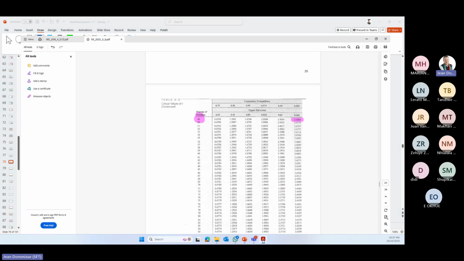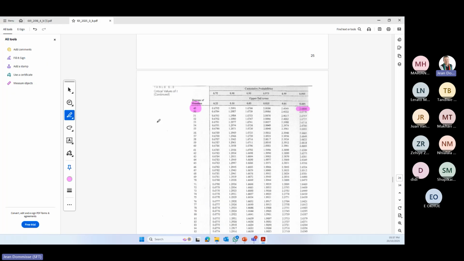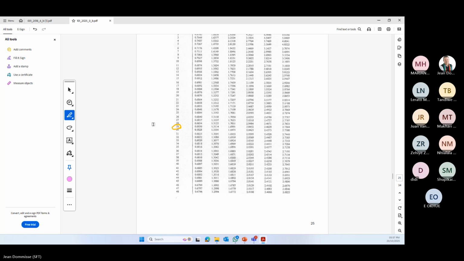Okay, so let's go to this T distribution. There was definitely another question that at some point covered 29, but we have 27.